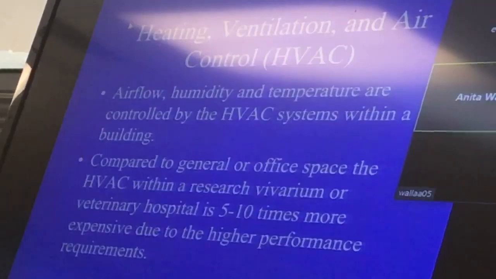In addition to controlling temperature, the HVAC also controls your humidity. And you're all in the South, you know how humidity affects your ambient temperature and your heat index. Same thing happens in an animal room. The ability to control humidity is also critical.